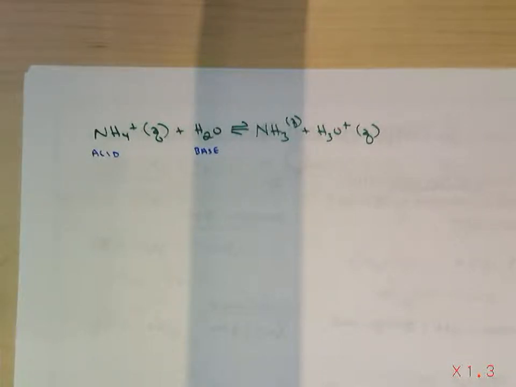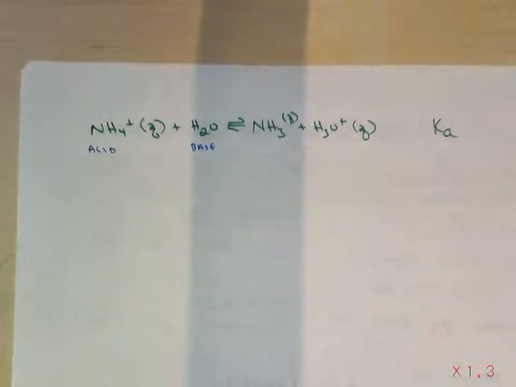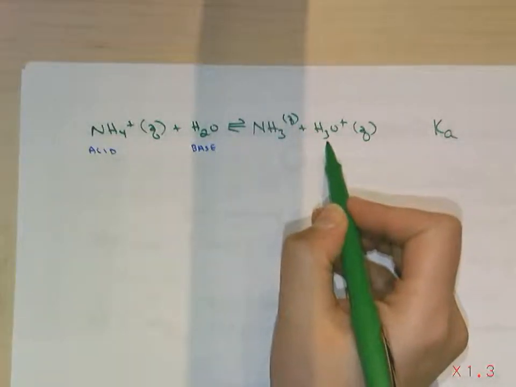So this is going to be the Ka. Water is going to be in every single reaction, and it's going to act sometimes as the acid, sometimes as the base. So you can't use it as your guidepost. The other giveaway should be that your product is H3O+. If that's your product, it's definitely an acid reaction.